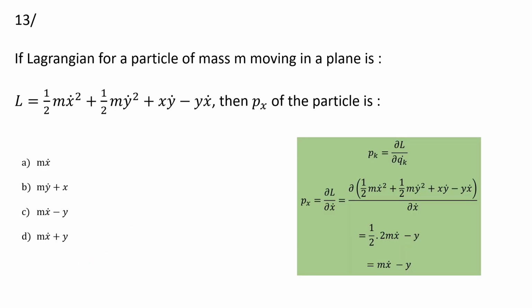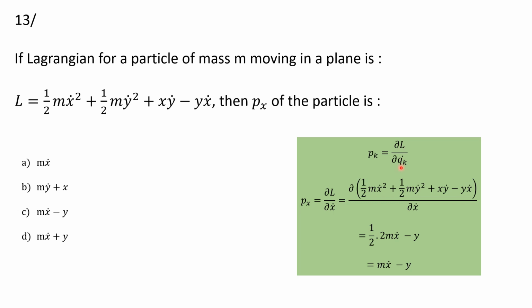Next, if the Lagrangian of a particle of mass m moving in a plane is L equal to half m x dot square plus half m y dot square plus x y dot minus y x dot, then px of the particle is, and here you can see the options. Again we know the formula for momentum, that is pk is equal to del L by del qk dot.